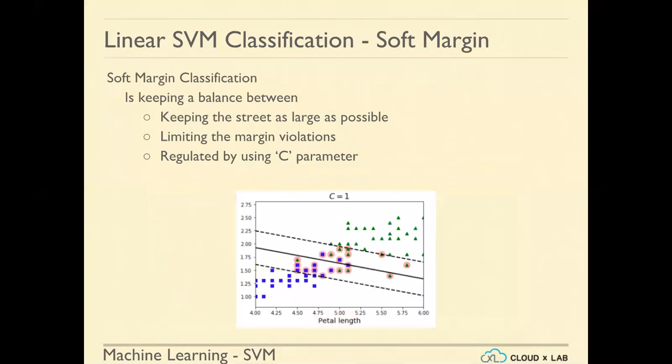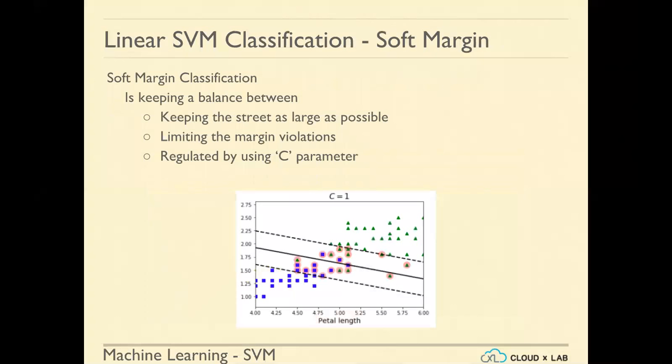Now, the soft margin classification is keeping a balance between the two things: keeping the street as large as possible and limiting the margin violation.